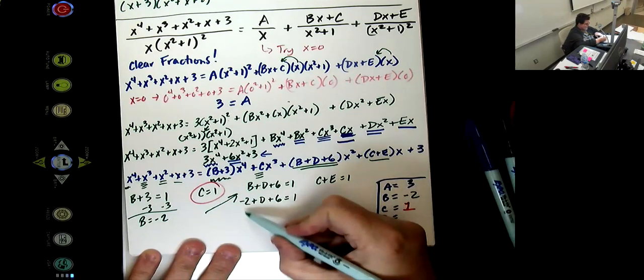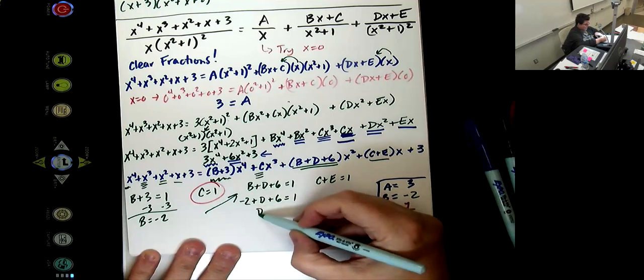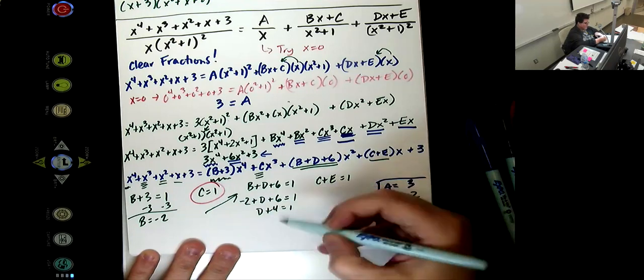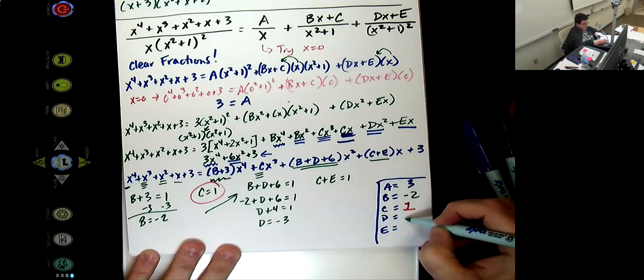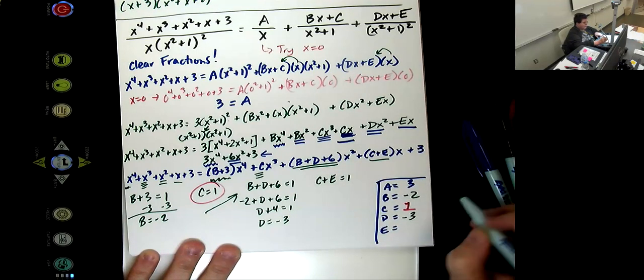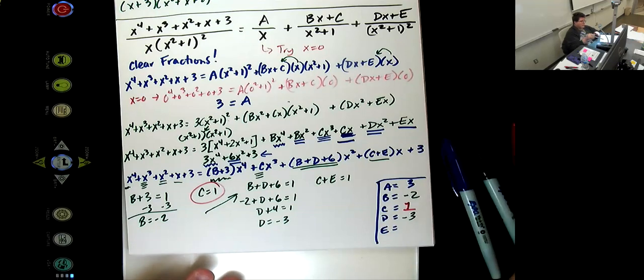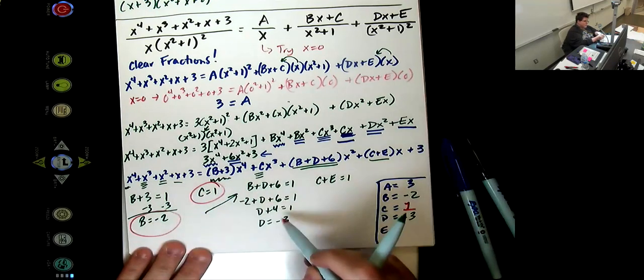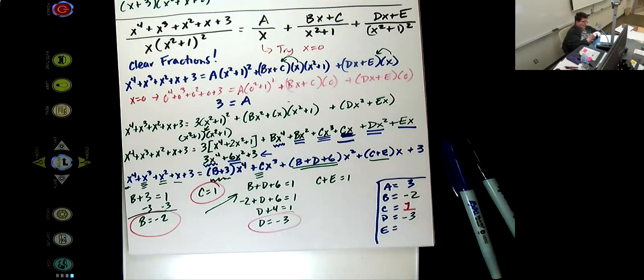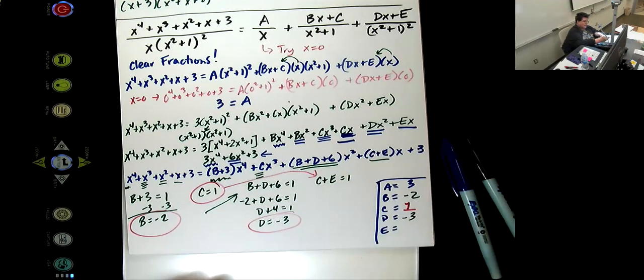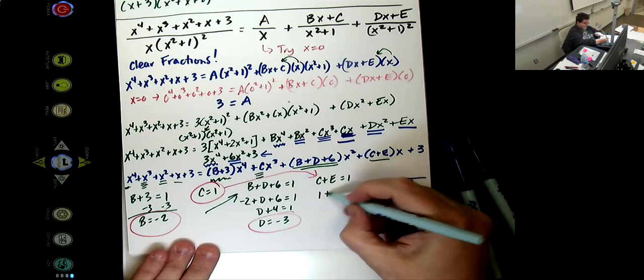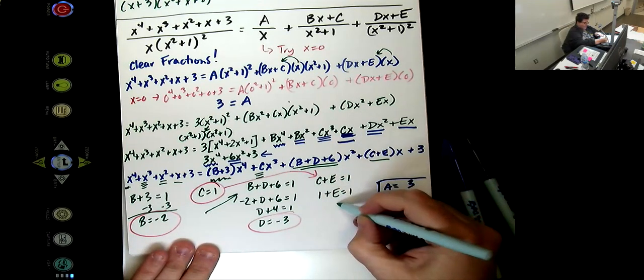That's going to let me get D here. I've got D plus 4 equals 1. So D equals -3. And I have C, so I can plug C in right there. I've got 1 plus E equals 1, so E equals 0.